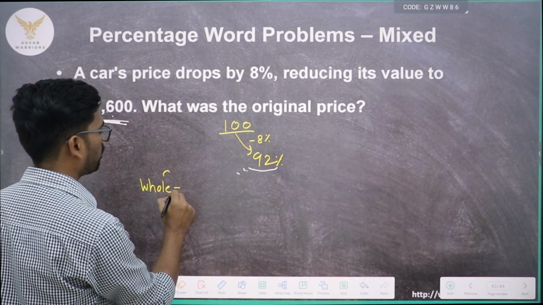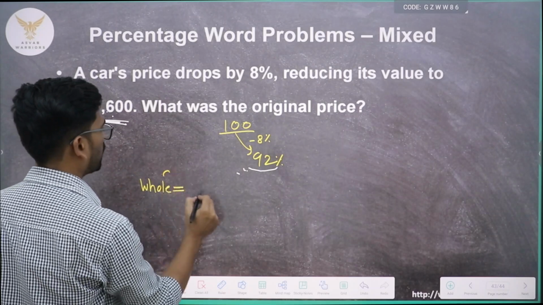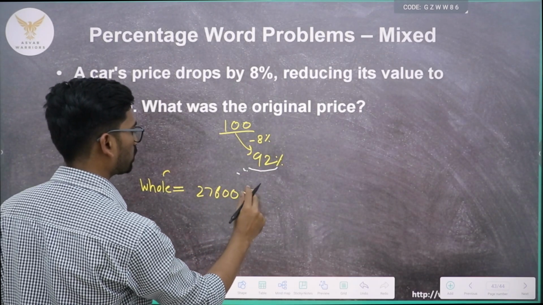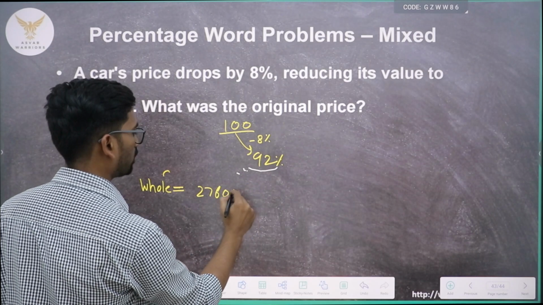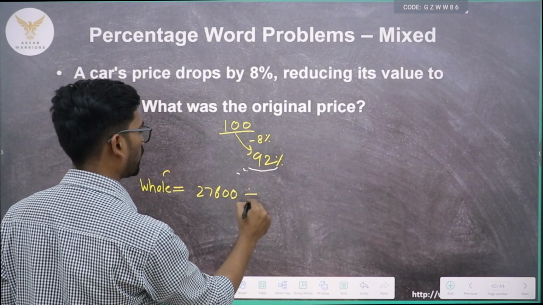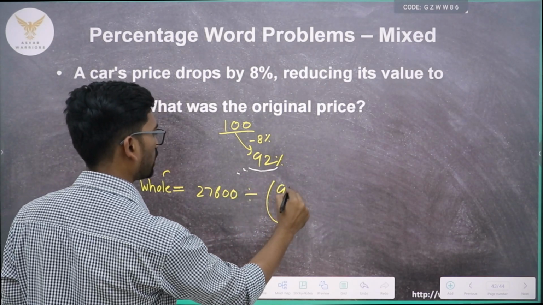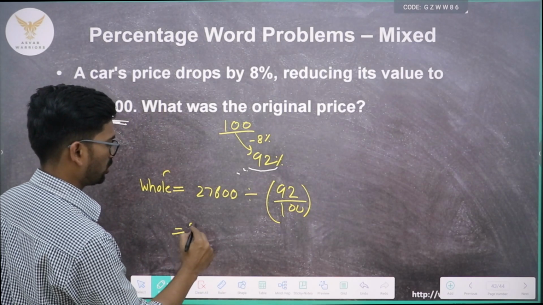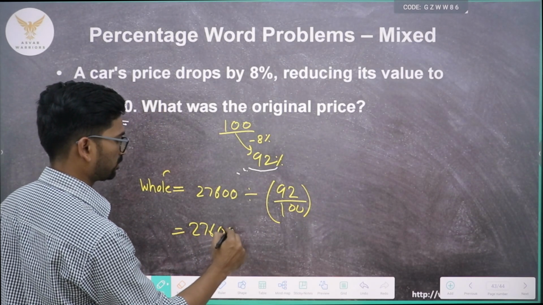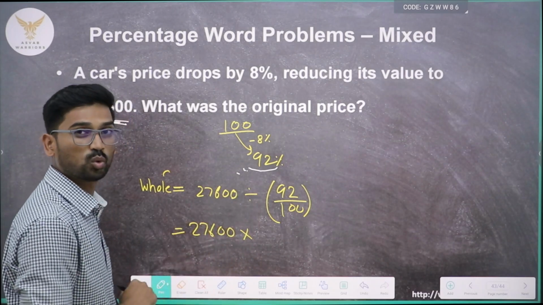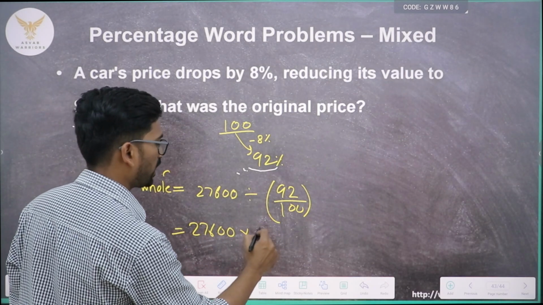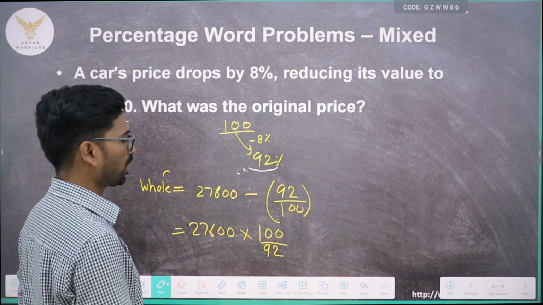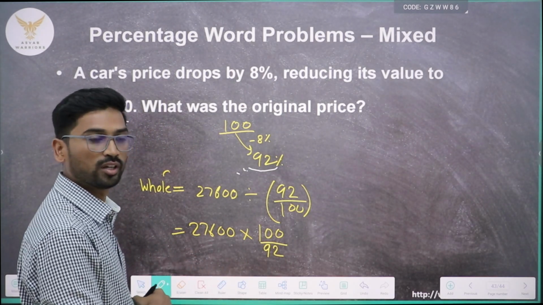So whole equals part divided by percentage, that is 27,600 divided by 92 upon 100. So again, to solve this, we will have to convert this to a multiplication sign, and 100 divided by 92. How to solve it? We will try to reduce it.